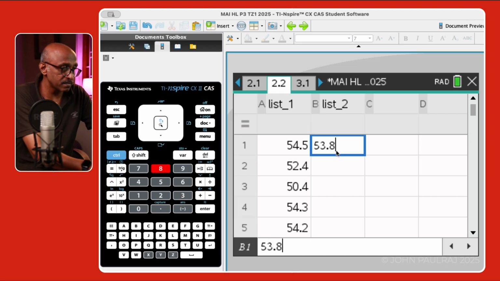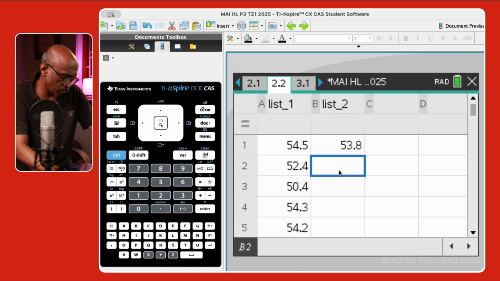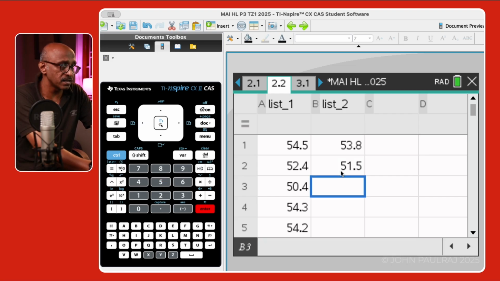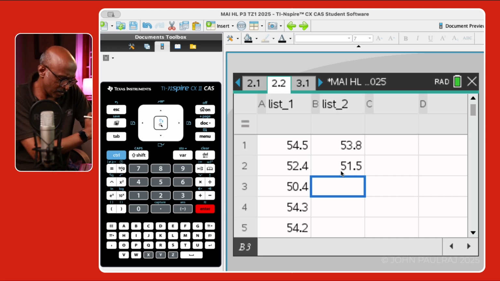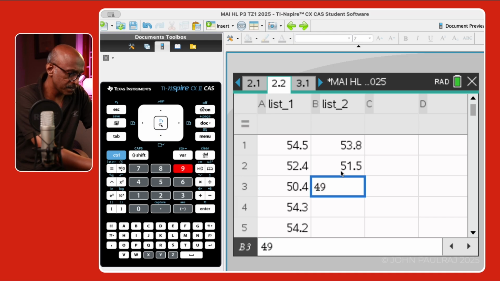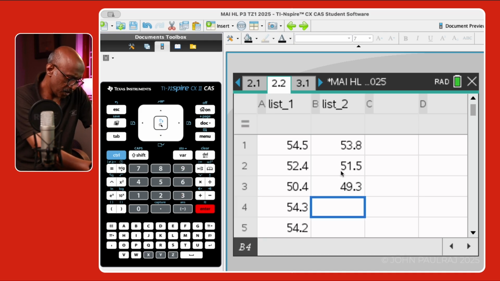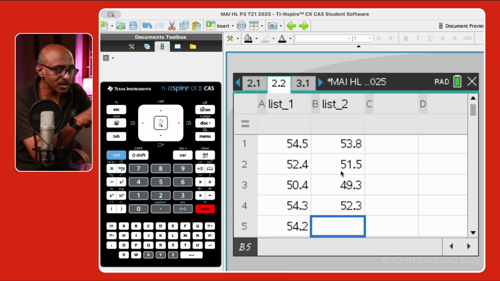This part, students, if you're watching this, is as important. I think I've told you before that it's not just about entering; even entering on the calculator, the values you enter are as important. 53.8, 51.5, 49.3. I could have easily entered these values and kept it ready, but I want you to know that it takes time. I want you to know that even I can make mistakes.